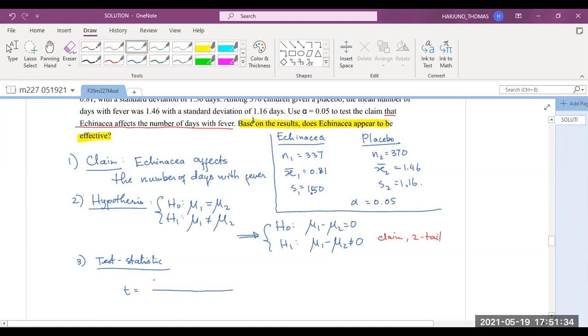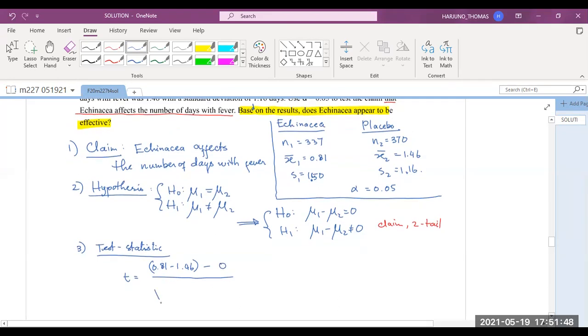The test statistic will be x1 bar 0.81 minus x2 bar 1.46 minus (mu1 minus mu2), which is 0, over the square root of S1 squared over N1 plus S2 squared over N2.